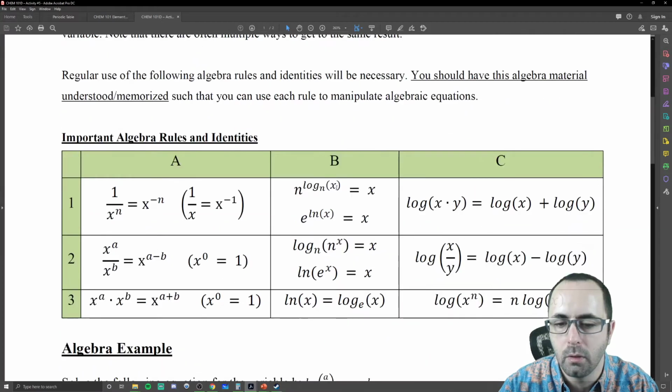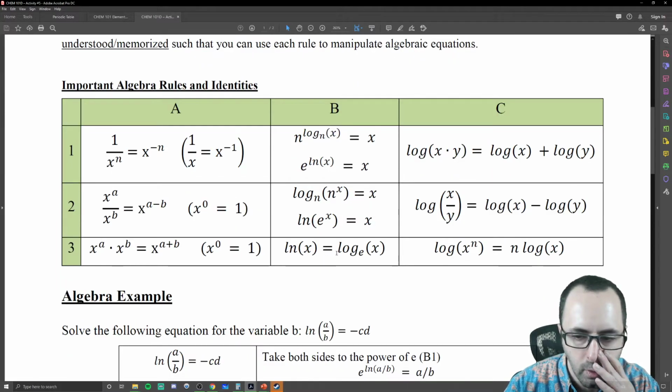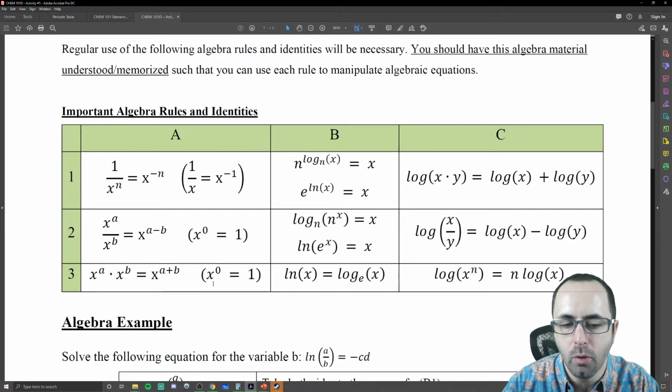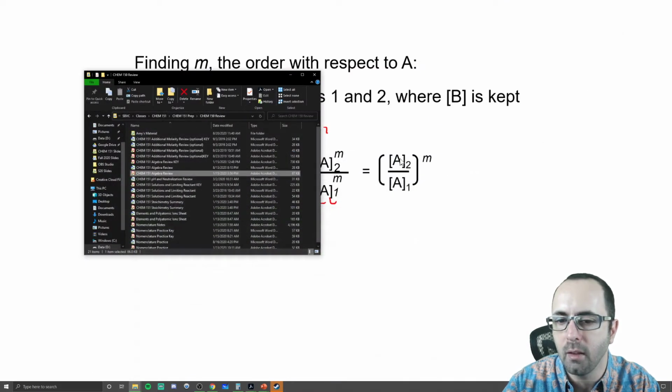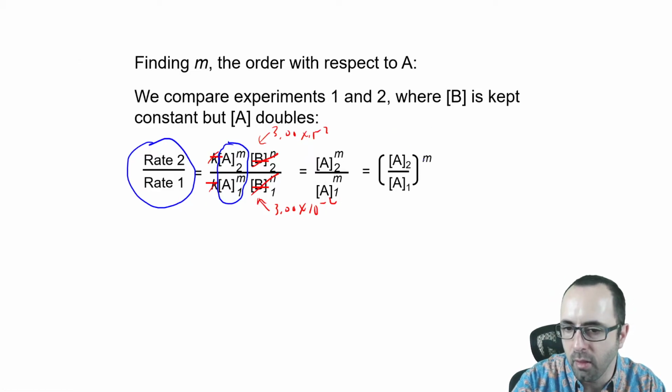So the algebra rule we're going to be interested in using here is one that's similar to this. It's that if you have two of these, basically, let's go back to this.